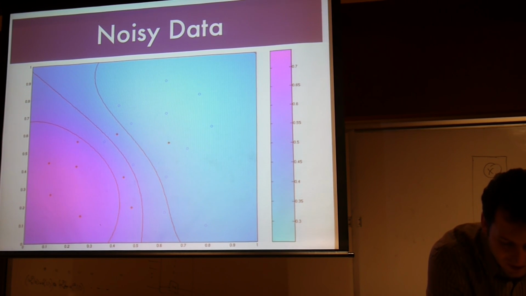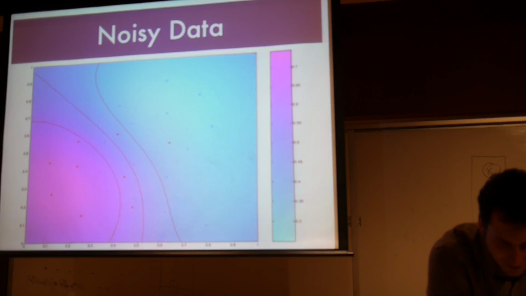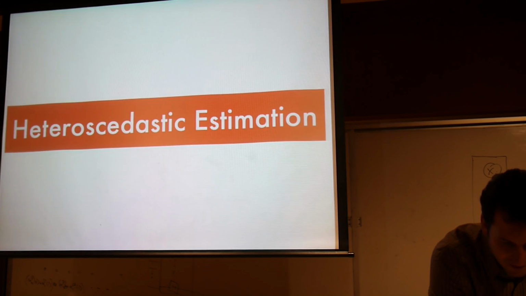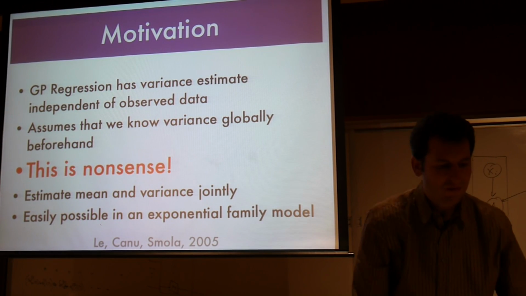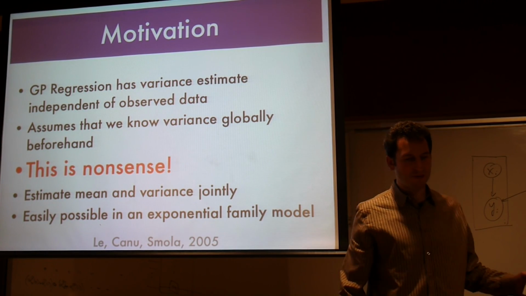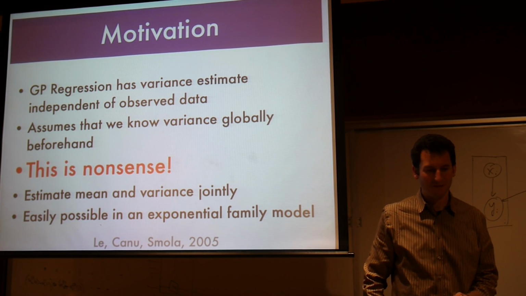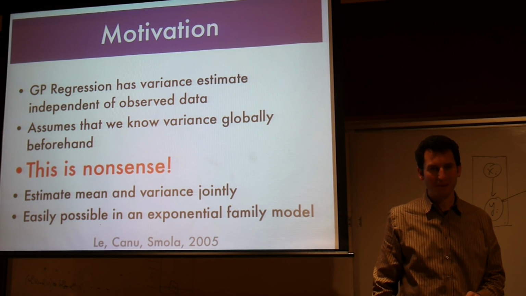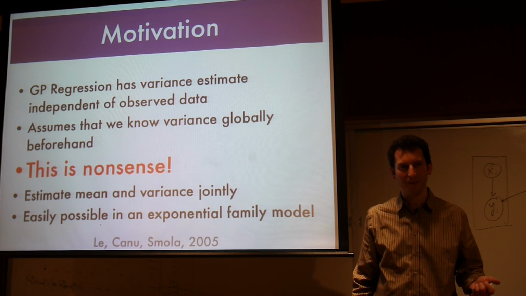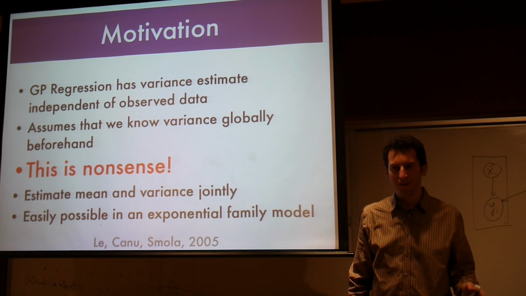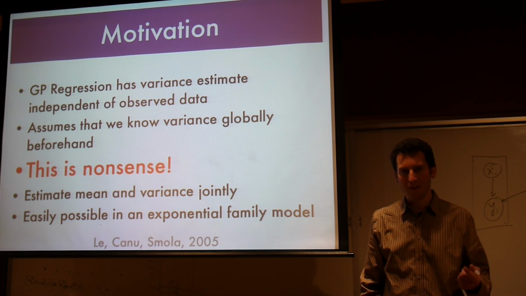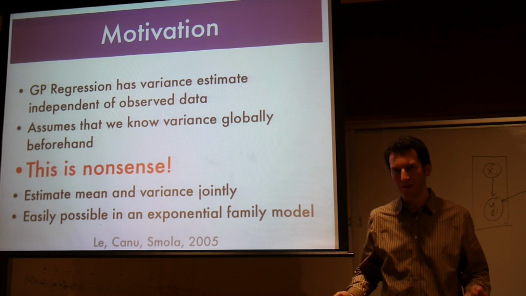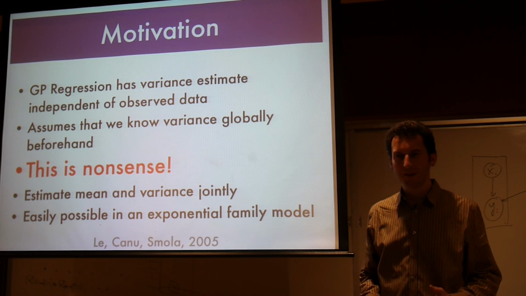Now it's going to get a little bit more technical, so we're going to do heteroscedastic regression. If you think about it, GP regression has a variance estimate that's independent of the observed data. So in a way this is great if I want to do experimental design, like I want to measure the weather in various weather stations. If I can assume that my observation distribution is drawn from a GP, I don't actually need to measure things.